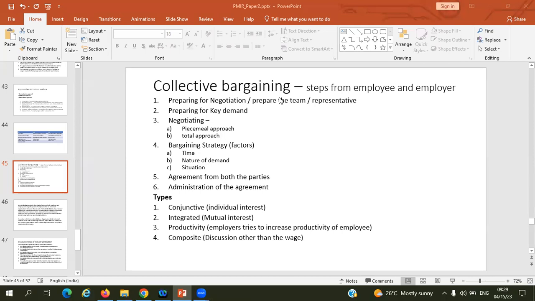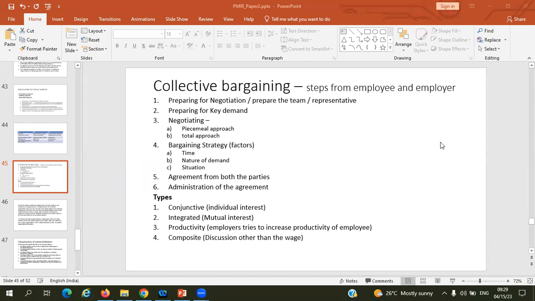These are different patterns, so when you understand the patterns, it will be useful for the people to continue the bargaining. So productivity is one. Another is composite bargaining. In composite bargaining, some owners don't talk anything about financial matters, not salary.